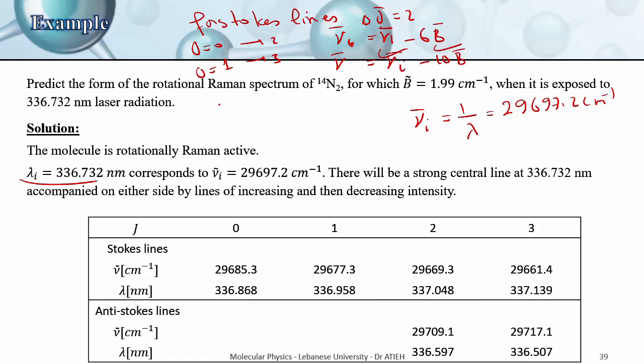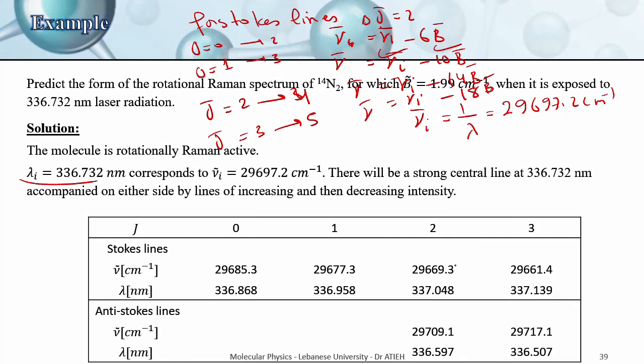We have everything. And if we have a transition from J equals 2 to J equals 4, then nu bar is equal to nu I bar minus 14B bar. And then from 3 to 5, we have nu bar equals nu I minus 14, plus 4, it is 18B bar.